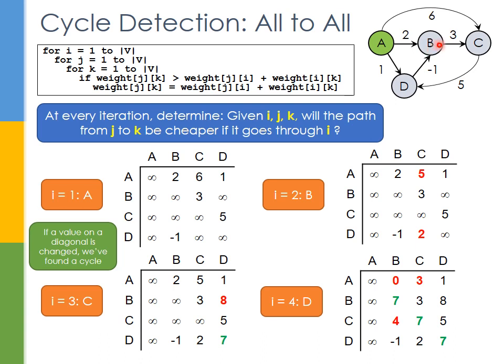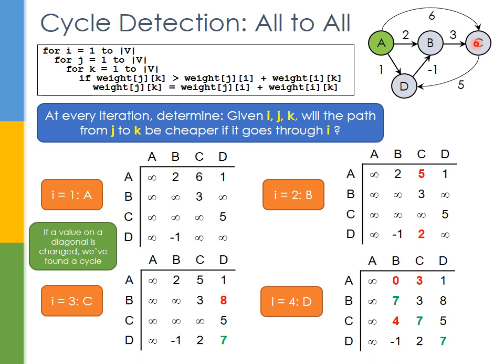So that path is 3 plus 5 plus -1, which gives us a value of 7. And once again, we've updated a value on a diagonal, so that means we've detected a cycle that connects B back to itself again.